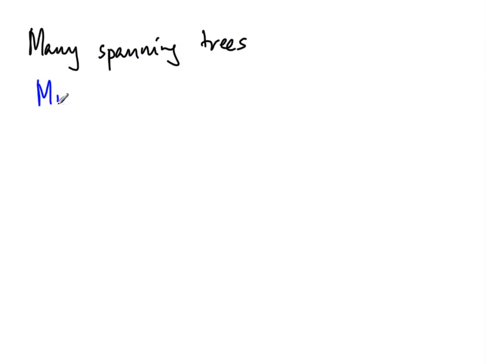So one thing to note is that we saw that there could be many spanning trees in general, and we are looking for a minimum cost spanning tree. So is there always going to be a unique minimum cost spanning tree? Well, the answer unfortunately is no, because we could have trees in which different edges have the same cost.